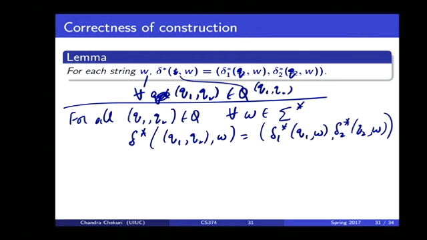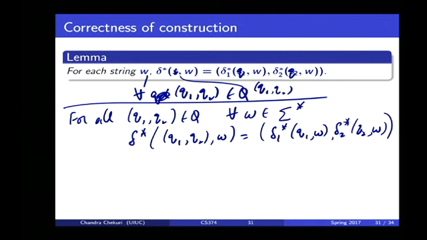If you prove this, then I claim that we have what we want: that this machine will accept exactly the strings in L1 intersection L2. So why is that easy to prove?